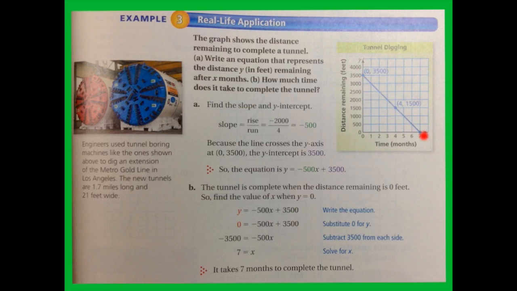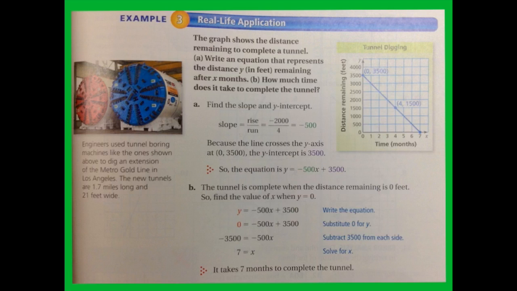You can see that they have plotted 2 points, 0, 3,500 and 4, 1,500. Our rise over run is going to be negative 2,000 over 4. And that is our slope, because our line crosses the y-axis at 3,500.